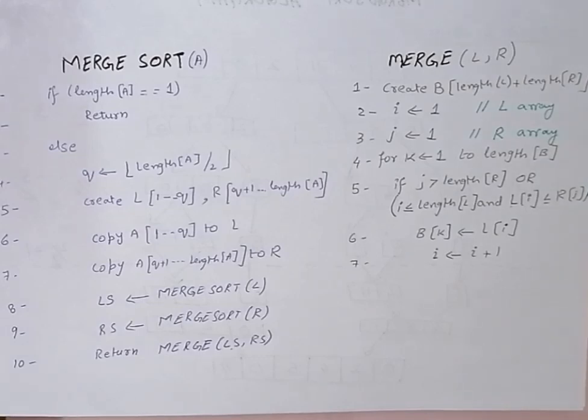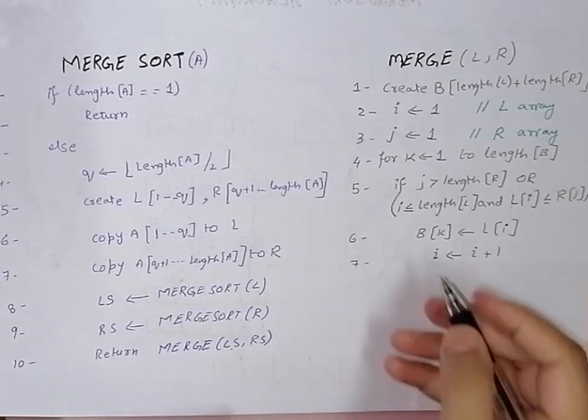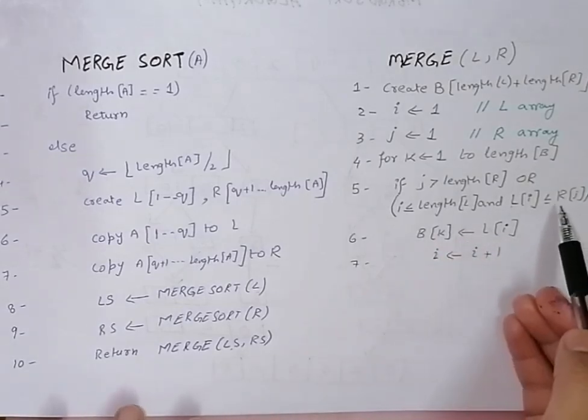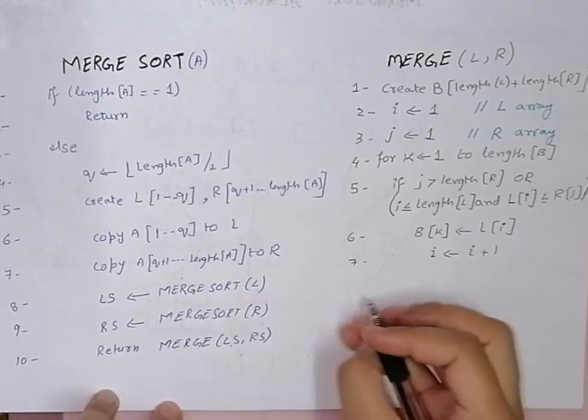Okay ji. So what if this condition is false, that is, what if L of I is greater than R of J?